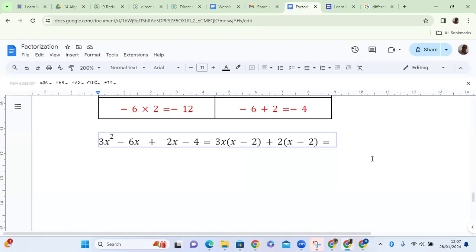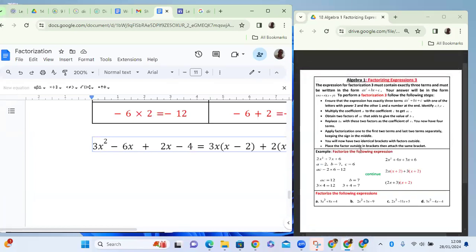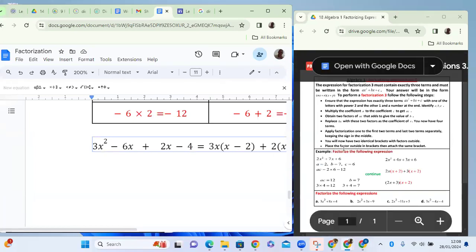Now, having accomplished this, it says place the factors outside in brackets. This 3x is supposed to say factors, because there are 2 of them. Place them inside brackets and attach the same bracket to it.